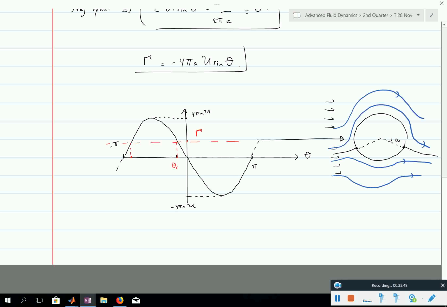When gamma, the circulation, is less than 4 pi times UA, then we have two stagnation points on the cylinder.